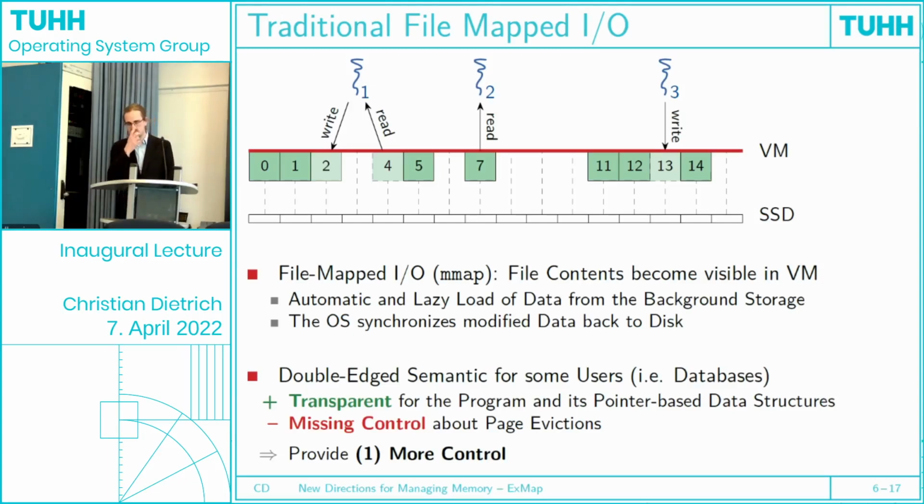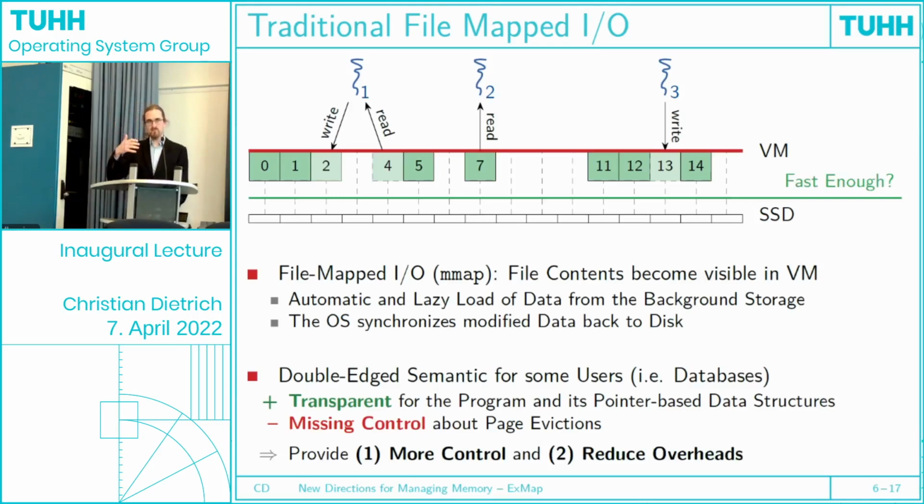And the other question that I ask is: this mapping, this bringing in of memory and this evicting of memory, is this already fast enough? This is always a question in system software, but we will see in a moment that this is really a problem. So probably we want to reduce overheads.